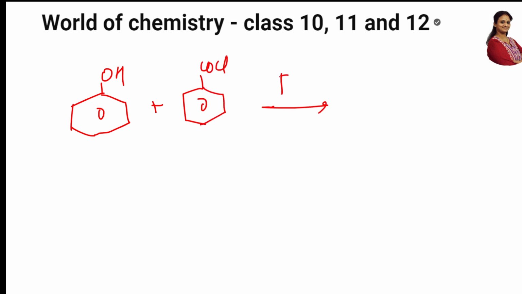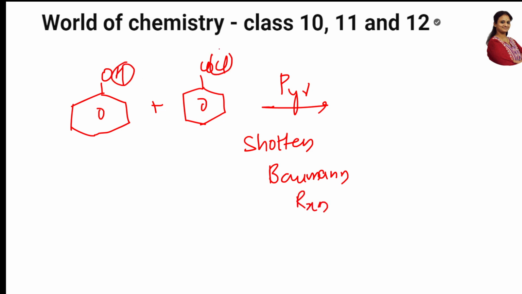In the presence of pyridine, what is this reaction? It's called the Schotten-Baumann reaction. Correct? Now, what is removed here? This hydrogen and this Cl are removed as minus HCl, and you get the compound which is given above.